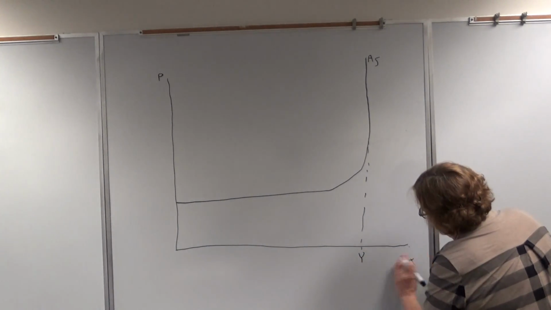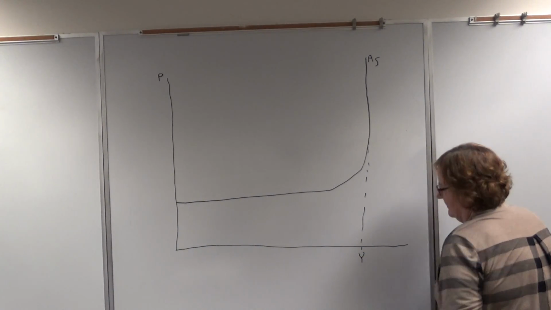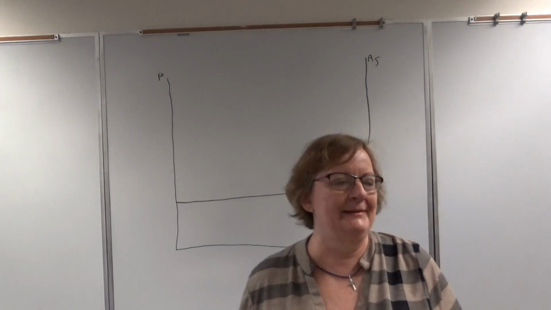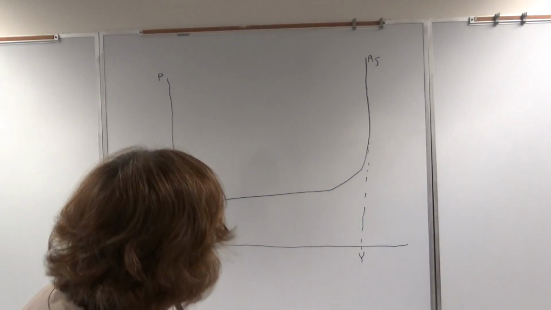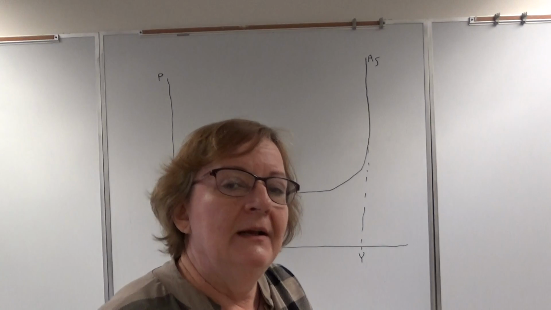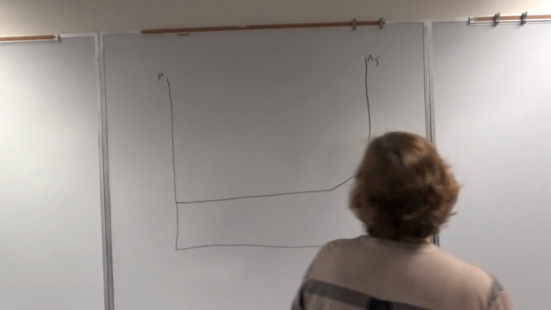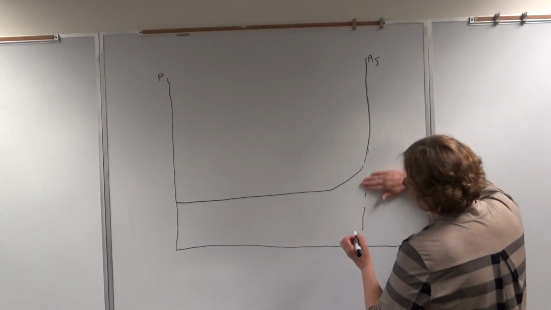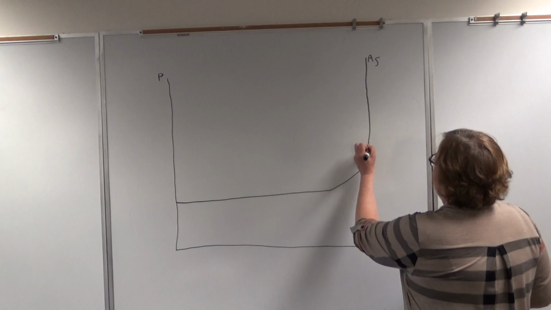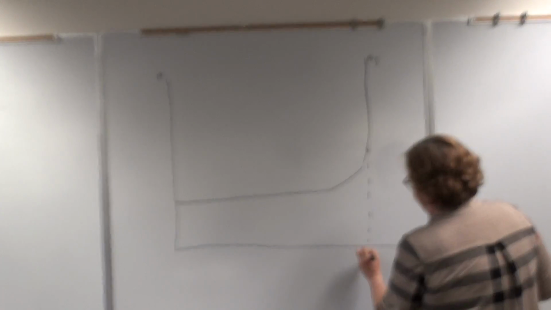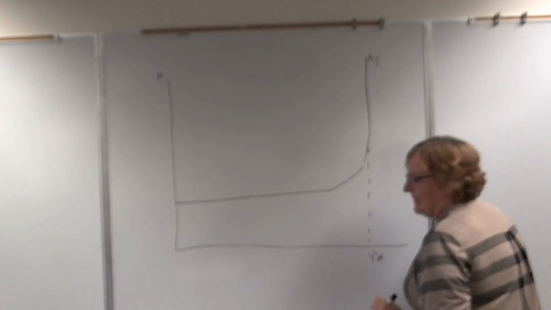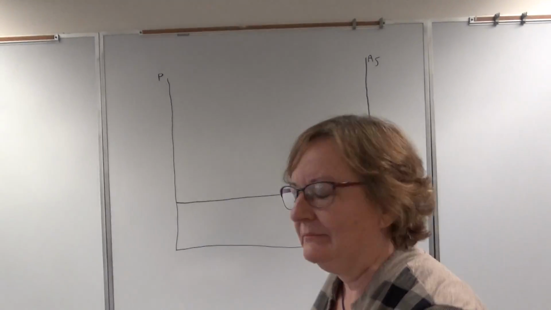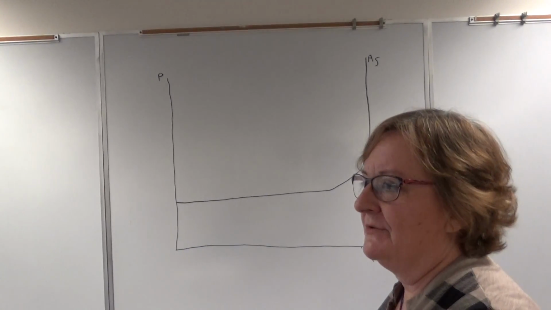And by the way, we don't put Q, we put Y here. Okay, so isn't that a nice vertical line? So we have this level of output that would be determined by the amount of resources that we have.